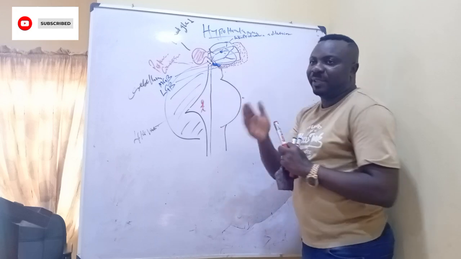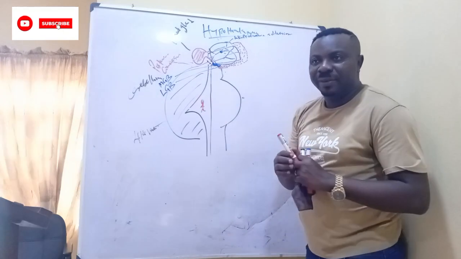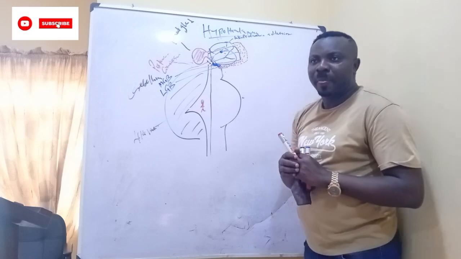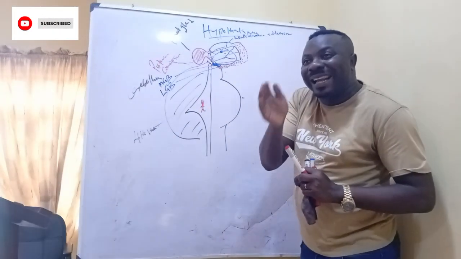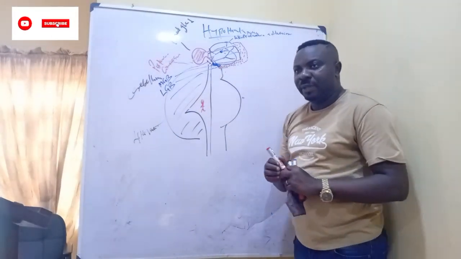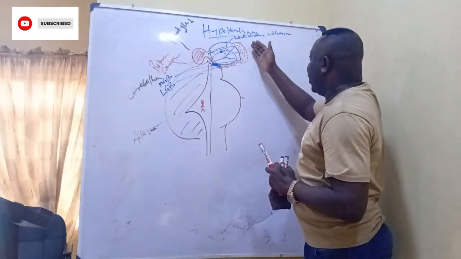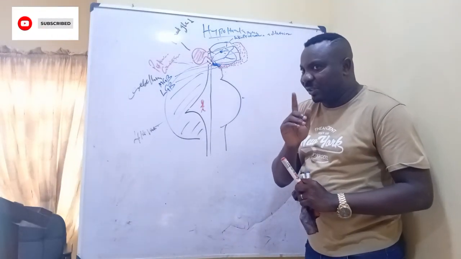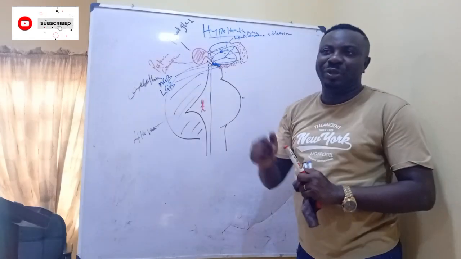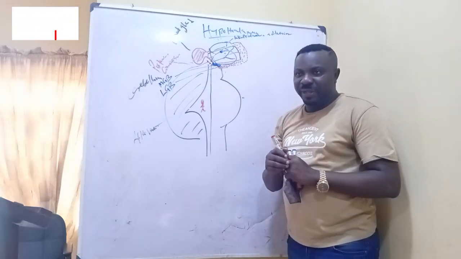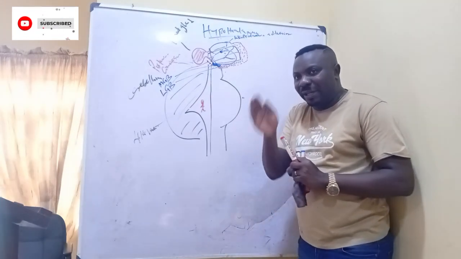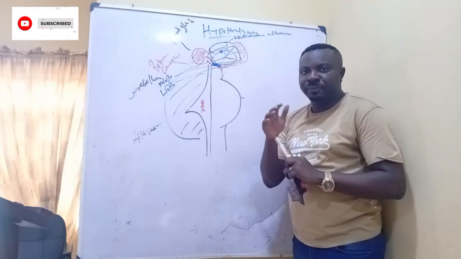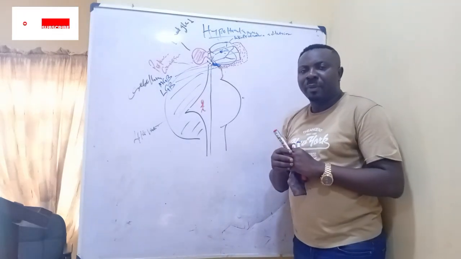And not just the optic chiasma, it also lies posterior to the lamina terminalis and the anterior commissure. Are you there?